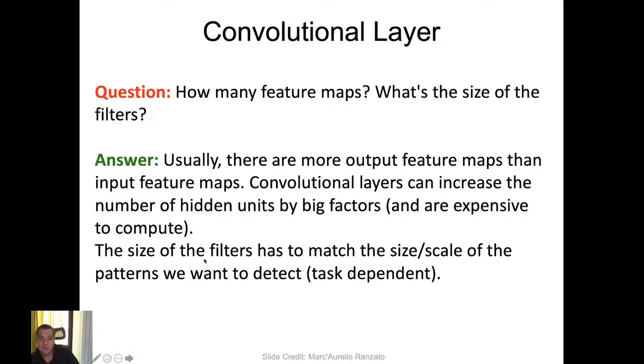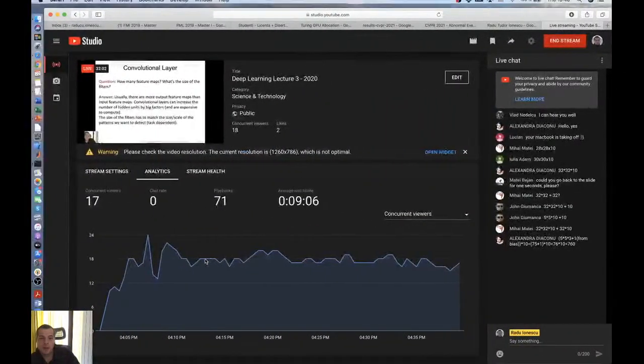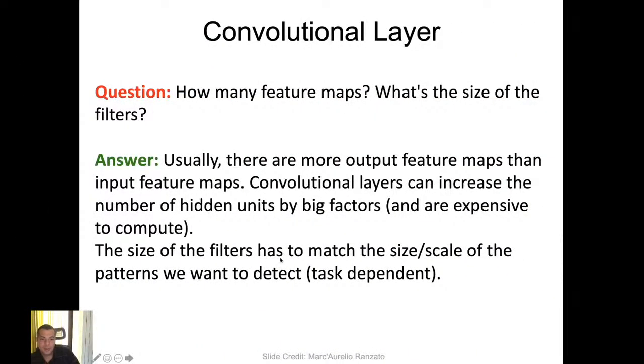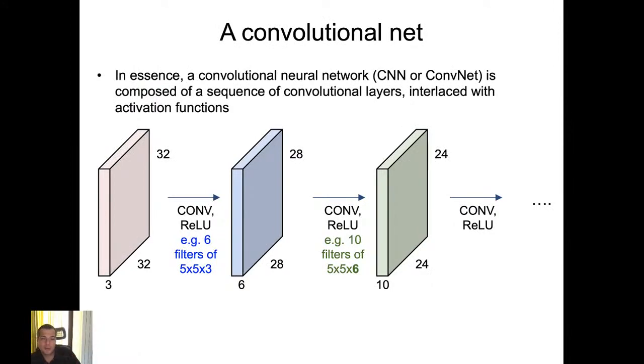We can still use really small filters, and if you want to discover larger patterns, you just add more convolutional layers, and this increases the spatial support. What I mean is that, for example, if we apply a filter of 5 by 5, for a 5 by 5 region you will get an output with a single component.